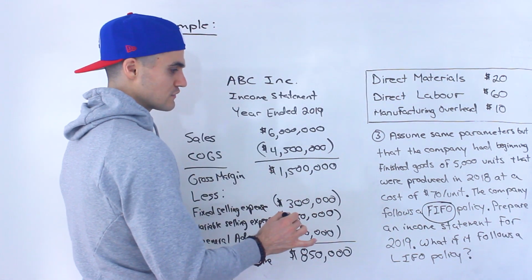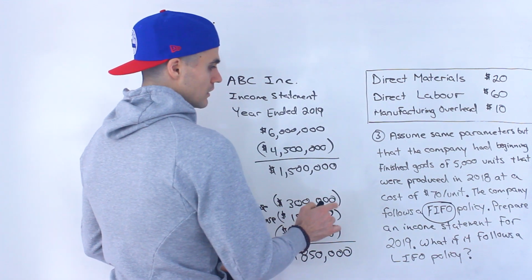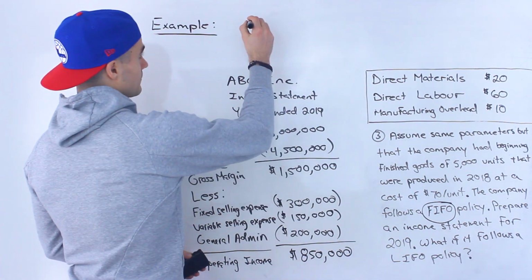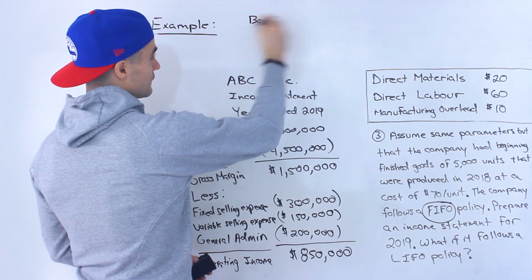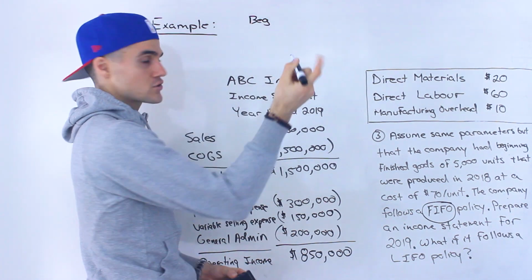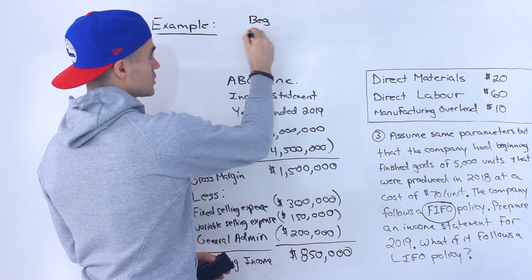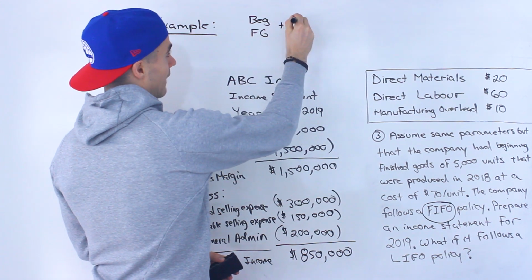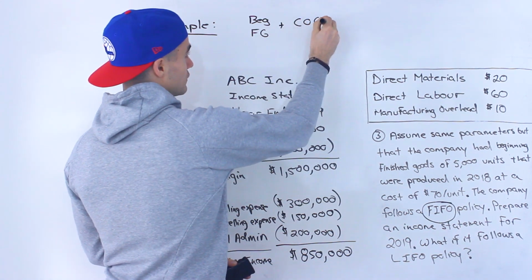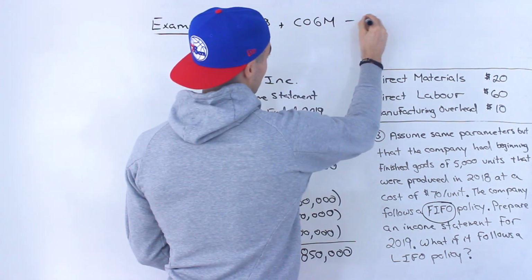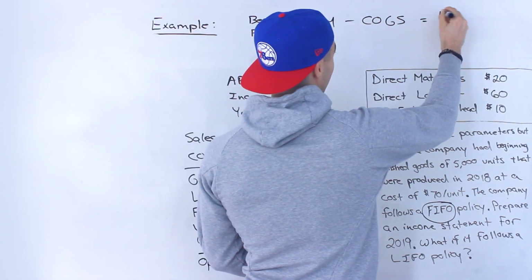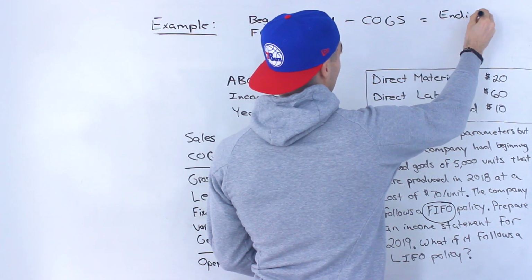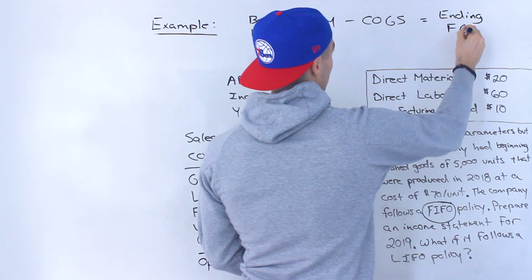Actually, before getting into the FIFO, let's first write out that beginning finished goods line on the manufacturing flow chart. So we have beginning finished goods, then we had that cost of goods manufactured, and then from that, we're going to have cost of goods sold, and then we're going to have ending finished goods.